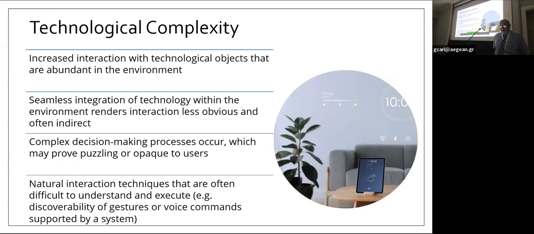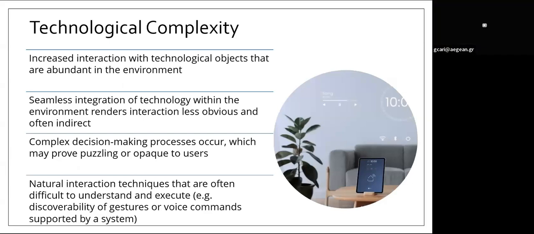Technological complexity in intelligent environments arises from increased interaction with technological objects that are abundant in the environment. Seamless integration of technology within the environment renders interaction less obvious and often indirect.